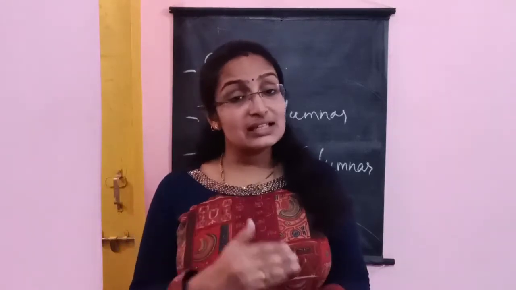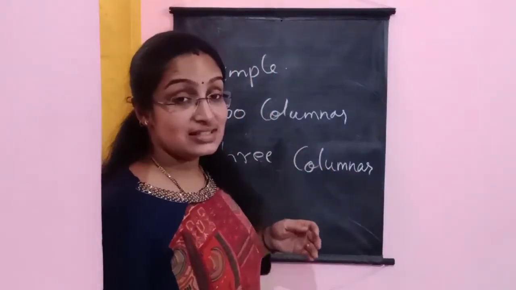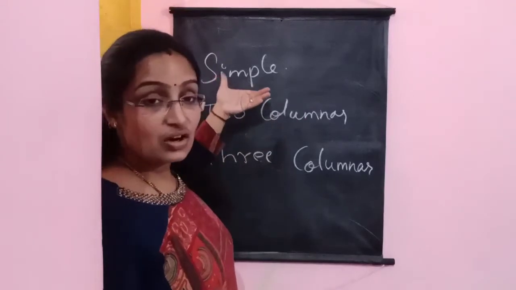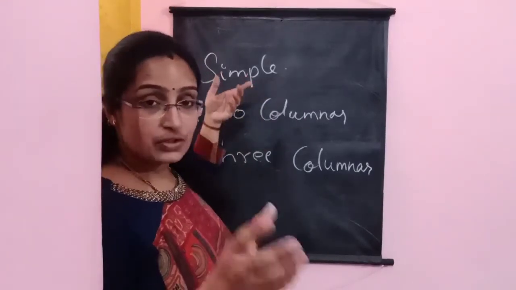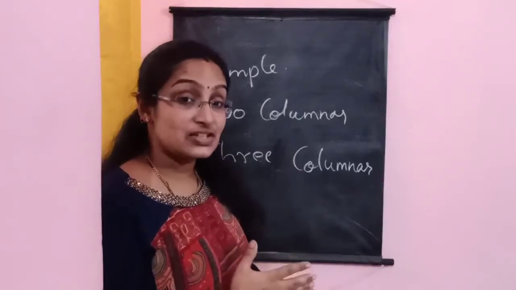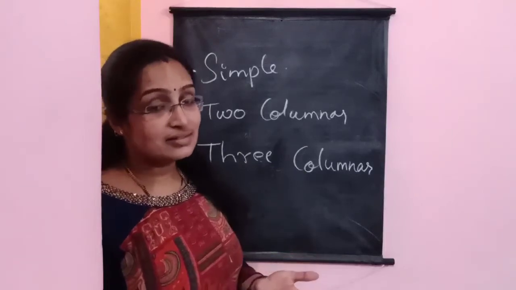Now the cash book is also prepared in three forms. As we have seen for the purchase and sales books, the cash book is also made in the single or simple format with only a cash column, with two columns for cash and discount or cash and bank, and three columns for cash, bank and discount.